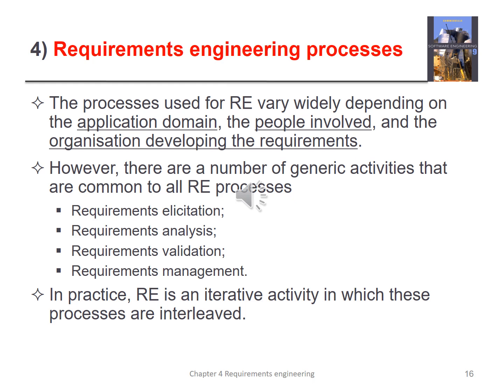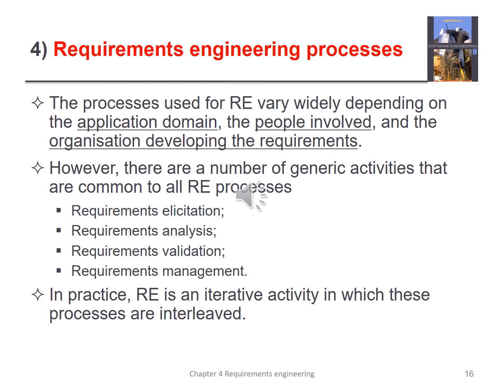In practice, requirement engineering is an iterative activity in which these processes are interleaved. What do we mean by that? Elicitation, analysis, validation, management. Let's talk about the first three. When we elicit some requirements and go to modeling, sometimes we find a problem, so we go and change the requirement elicitation.